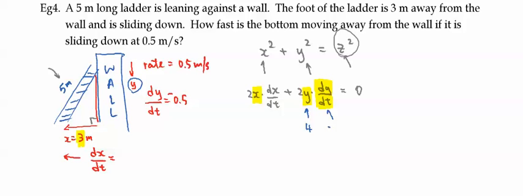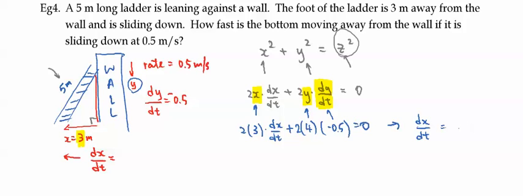Once you substitute all these numbers into the equation, we can then solve for dx/dt. So in this case, dx/dt equals 0.6 repeating. And that means the ladder is sliding away from the wall at a rate that is 0.6 meters per second.